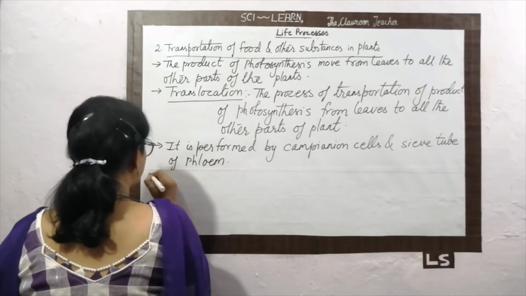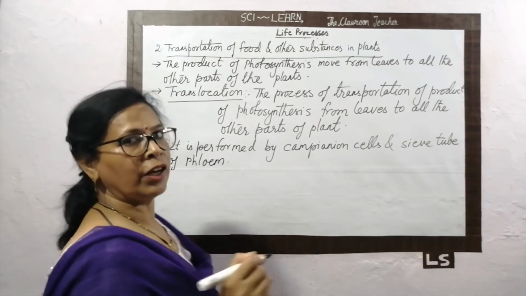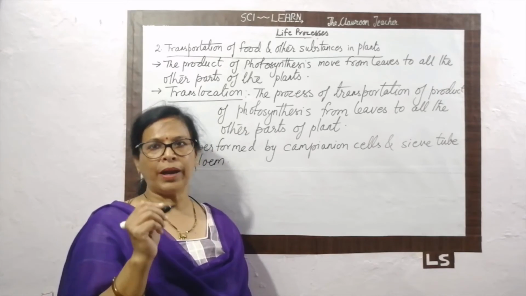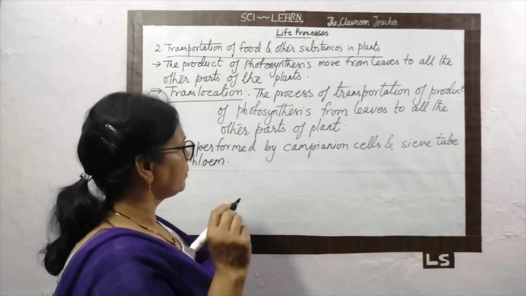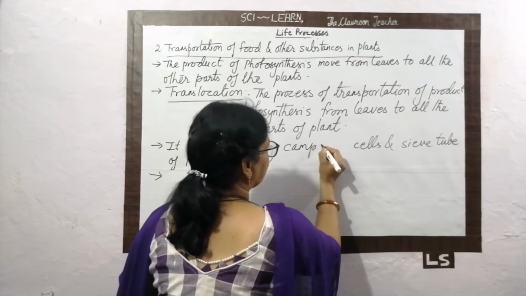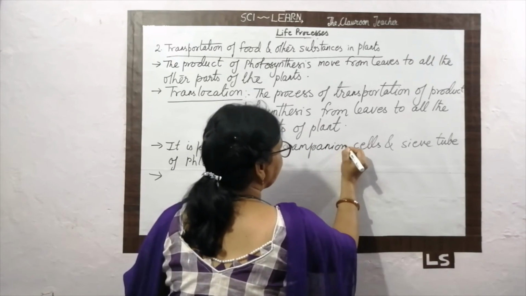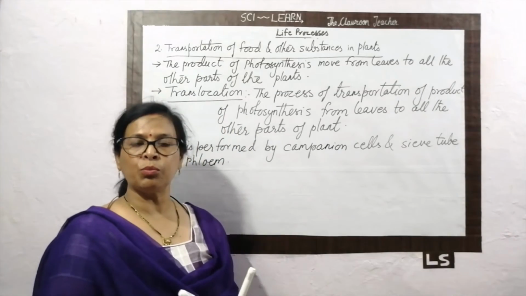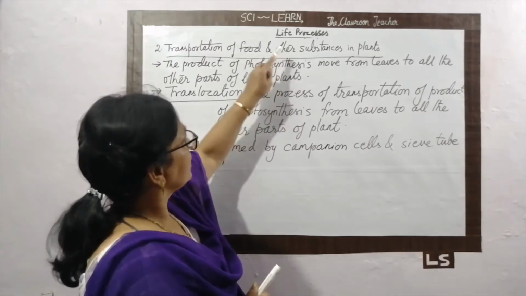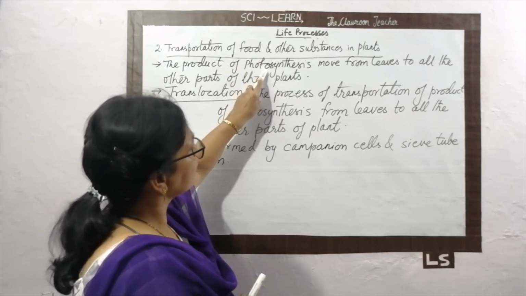These cells are part of the phloem tissue. So phloem contains sieve tubes and companion cells, which help in the transportation of prepared food material. We are going to write here the food, that is the product of photosynthesis.